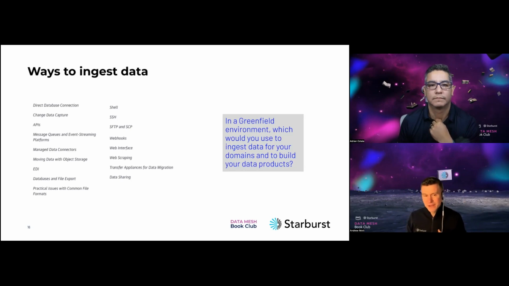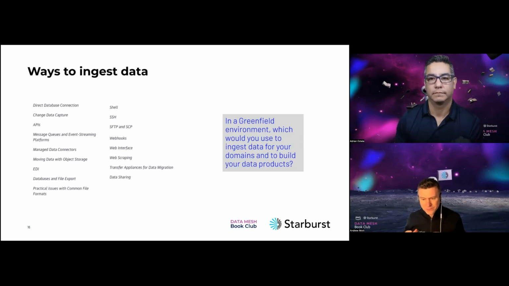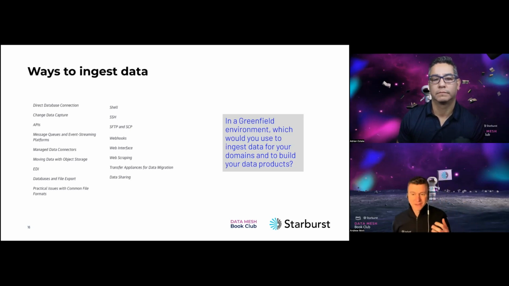So I look at this long list and think we may need to use some of these, but there's probably a priority here, and it's probably CDC, event streaming, APIs. Maybe the managed data connectors are the ones that we should look at first, and then we start looking at the other ones.